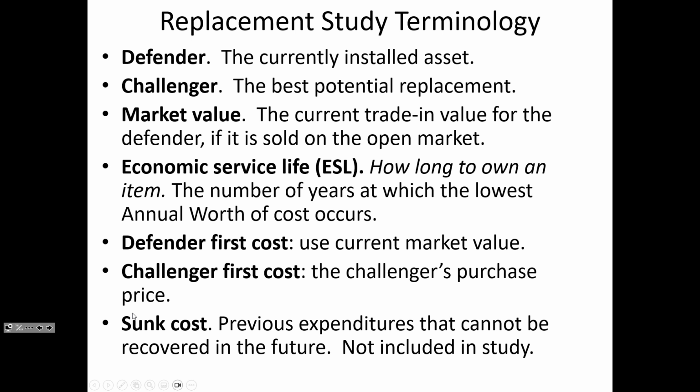But if you told someone you're selling the car to that you just put new brakes on it, they're going to say, well, cars are supposed to have brakes. I don't necessarily care that it's got new brakes. And so there's not a direct relationship between all of your previous expenses and the market value. It's only an indirect relationship. So you don't include your previous expenditures in a replacement study.